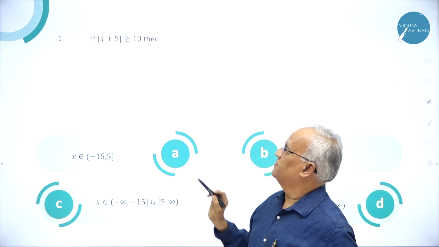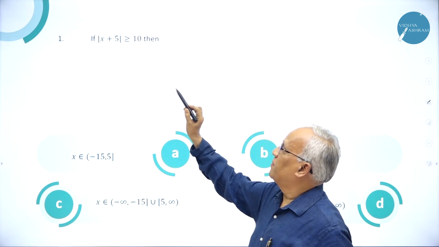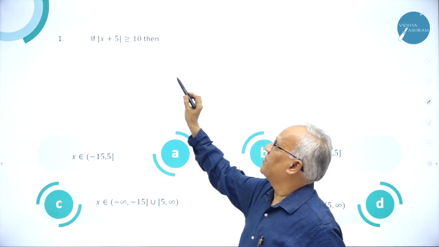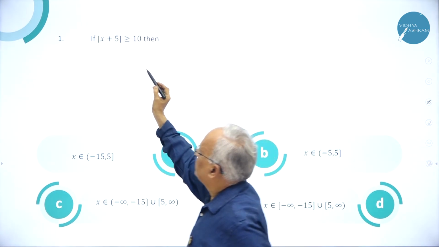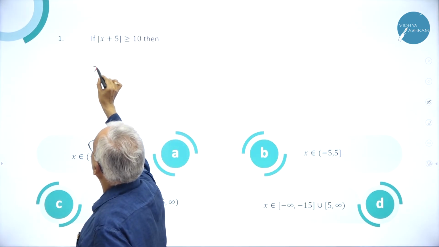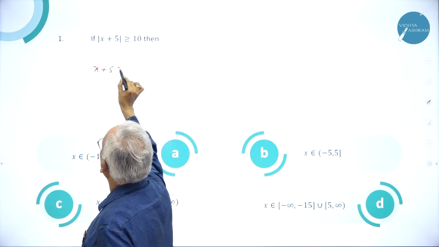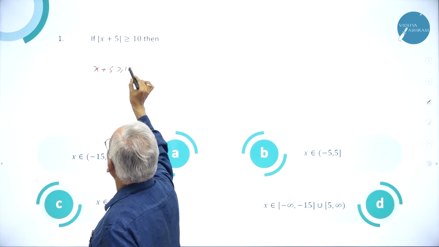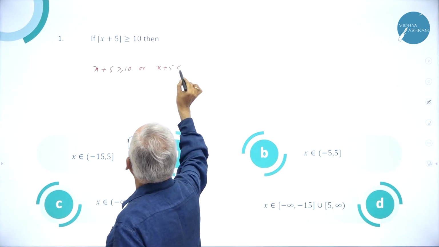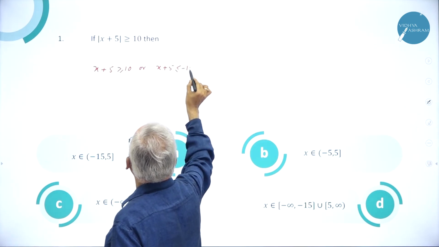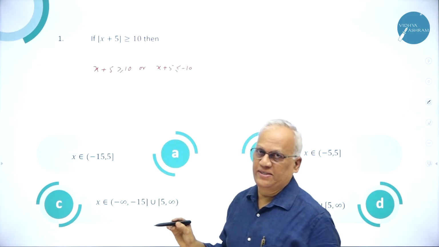The first question: if mod(x plus 5) is greater than or equal to 10, then you can write this as x plus 5 greater than or equal to 10 or x plus 5 less than or equal to minus 10. Two possibilities.